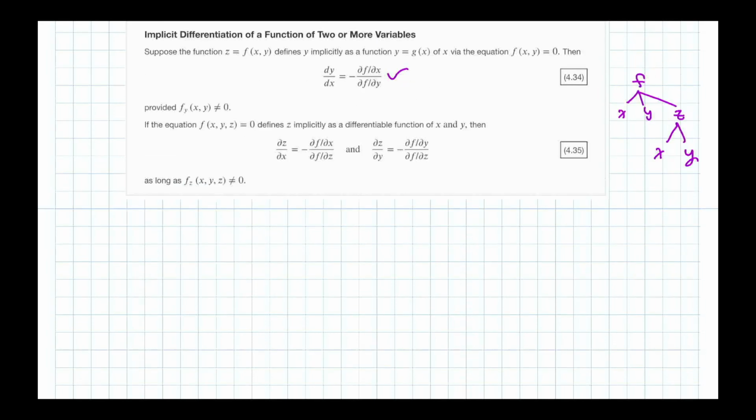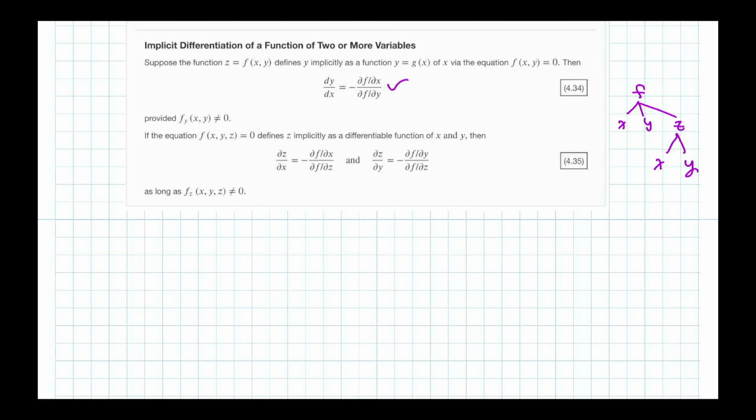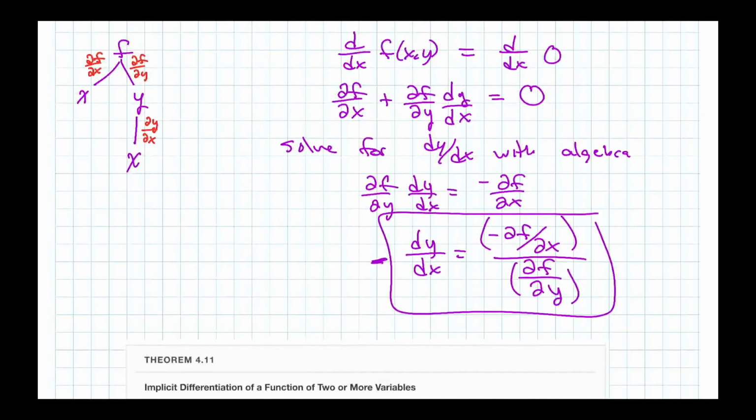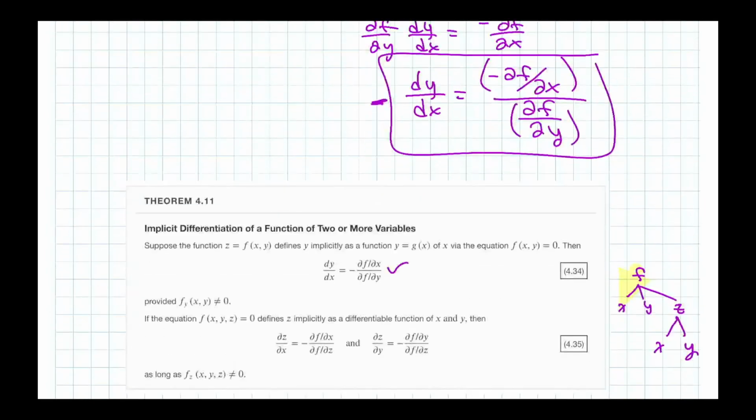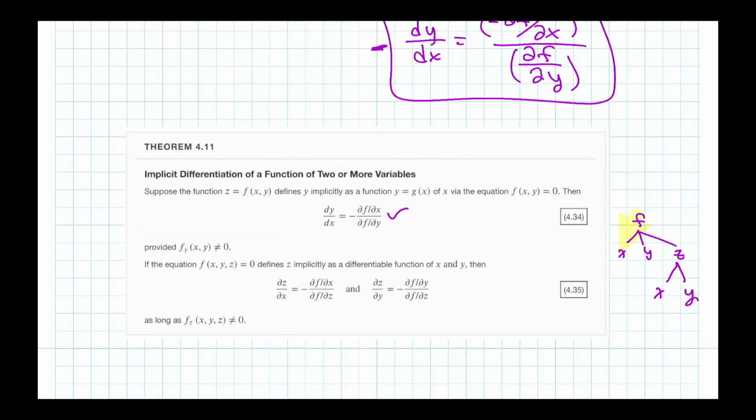So if you were trying to come up with the derivative for dz dx, then what would you have?